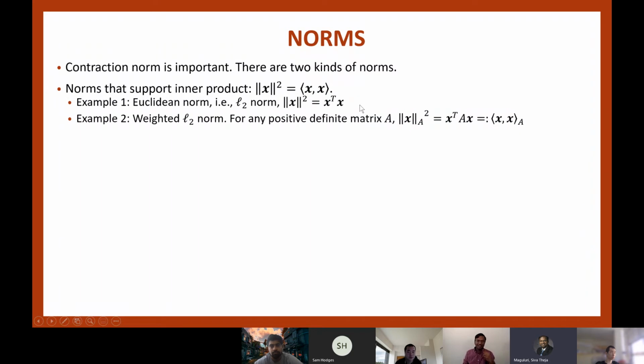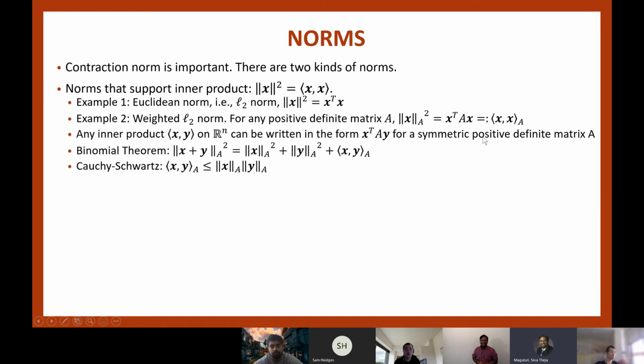Another example is we can use a weighted inner product. For example, suppose for any symmetric and positive definite matrix A, I can define a norm depending on A in this form. Norm square is x transpose Ax. And this comes from an inner product, which is the inner product between x and y is x transpose Ay.